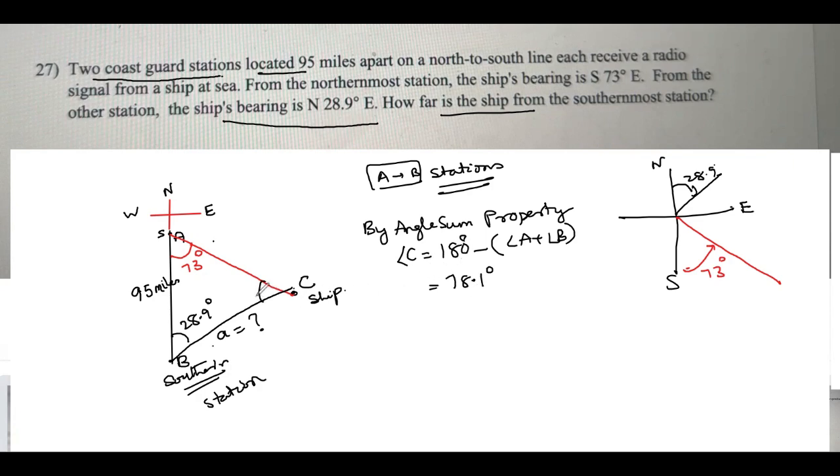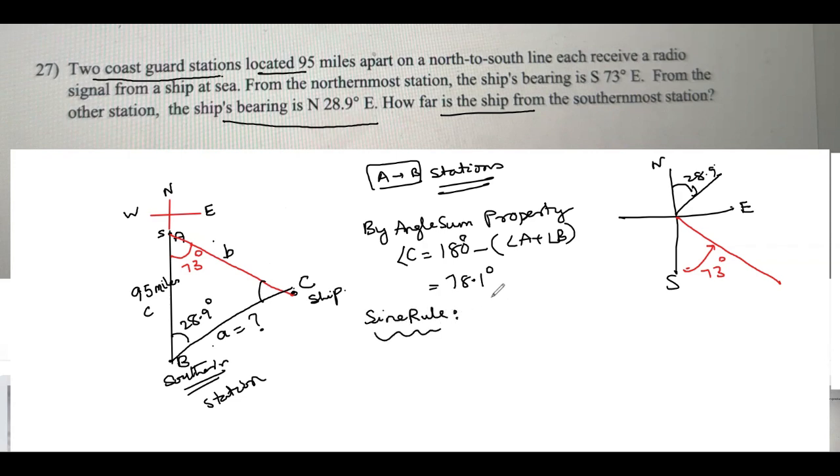Once we found angle C, we need to find small a now. As we know the standard notation, opposite vertex C is small c, opposite vertex B is small b, and the AC length would be small b. So we need to find small a.